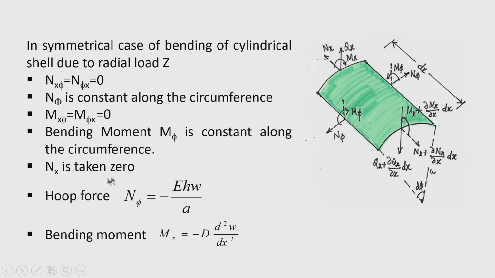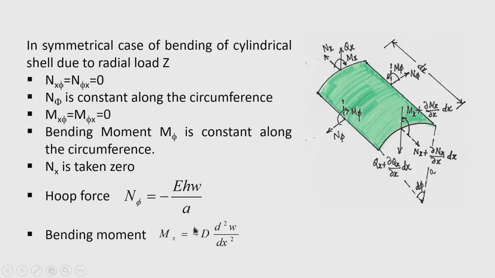The longitudinal membrane force, that is N x, is taken as 0. Hoop force N phi is equal to minus E h w by a, where w is the radial deformation of the shell, which causes the change of diameter. a is the radius of the shell. Bending moment along any longitudinal distance measured from the origin is given by M x equal to minus D d square w by d x square.